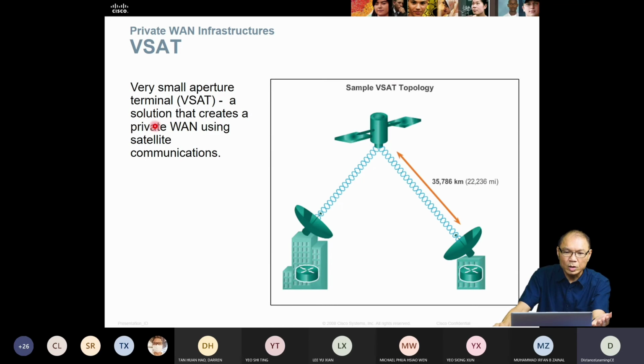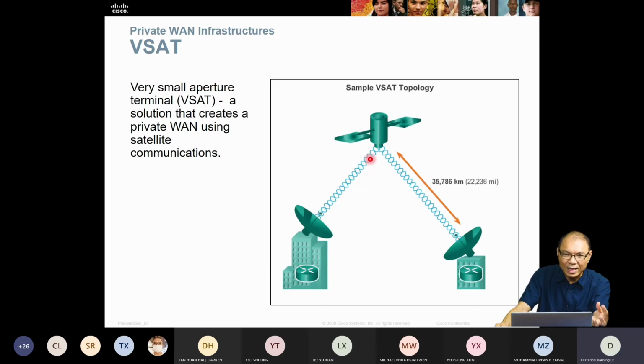We can have a very small aperture terminal, they call it VSAT. This is a technology that creates a private wide area network wirelessly. So you see, it's a wireless private wide area network. Sometimes people have satellite phones, and they own the entire setup.